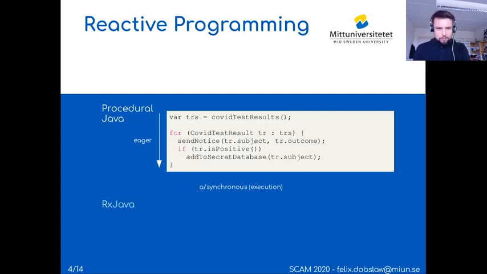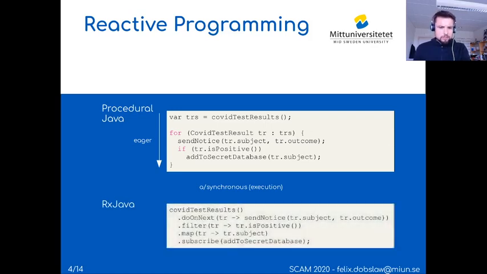In RxJava, the same code would look something like this, where we would retrieve a data structure. In this case, it's not a static data structure, it's more of a dynamic data structure that handles a side effect here on the doOnNext with sending the notice, does some filtering, maps, and then eventually, when subscribing, it activates the code, the entire code stream.